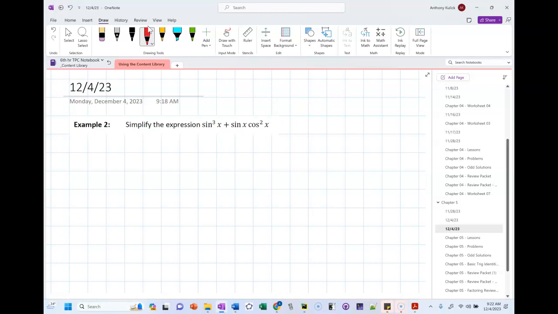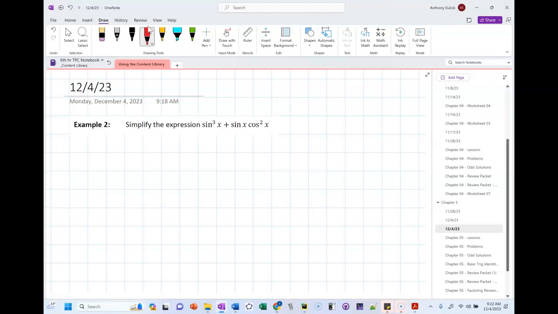So what you're looking at here is a standard Chapter 5 problem. It says simplify the expression sine cubed x plus sine x times cosine squared x. To do this kind of problem, we're going to be drawing from one of two tools. You can do algebra things, like factoring or foiling or making a common denominator, combining like terms, stuff like that.